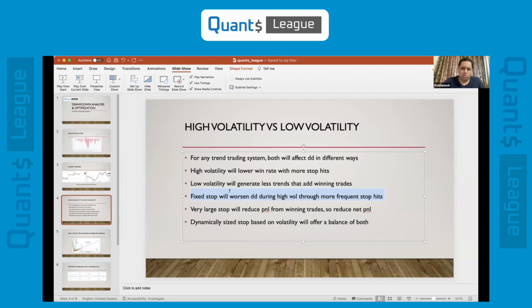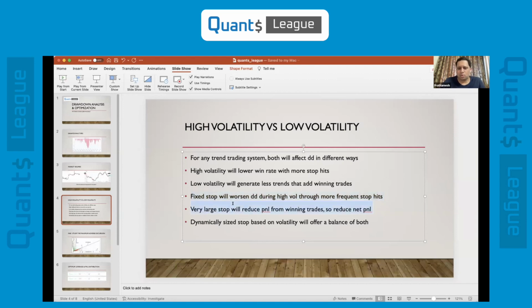So let's say your stop was 20 points, then it was much wider in percentage terms, and now it's actually much smaller. Or even if you used a fixed percent stop, it's still very susceptible to whether the market is volatile or not.